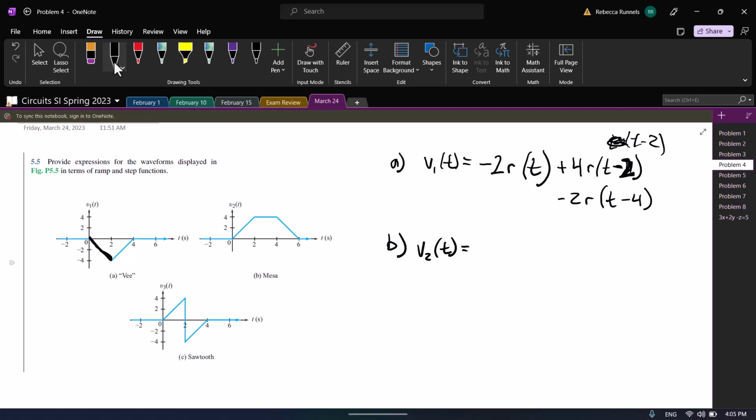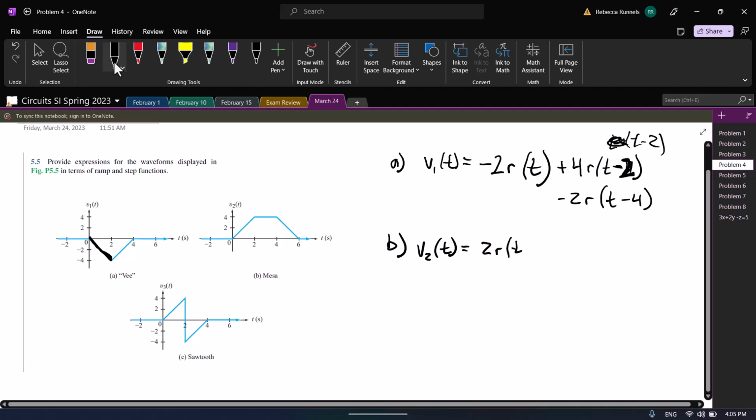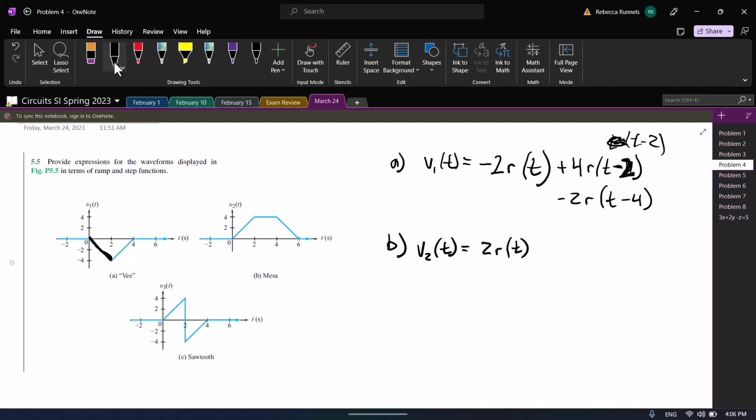Okay, so for this second one, when we get to 0, we have a plus 2 slope. So that's 2r of t. And then when we get to t equals 2, we end up with a horizontal slope, a slope of 0. So we subtract that slope of 2. So minus 2r of t minus 2.